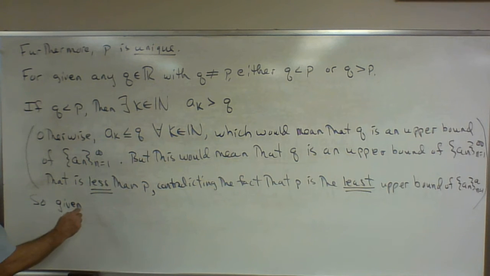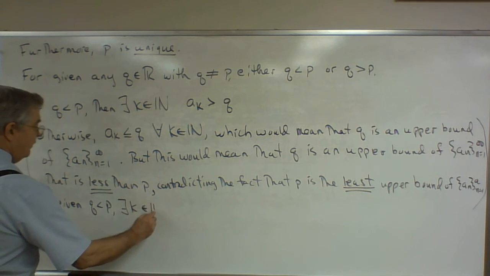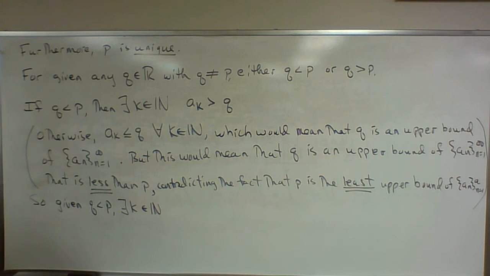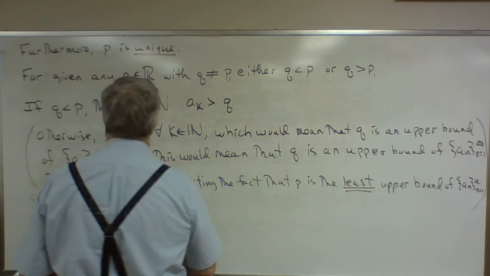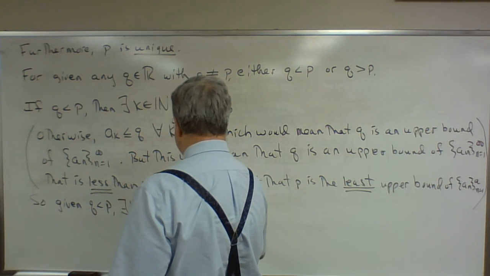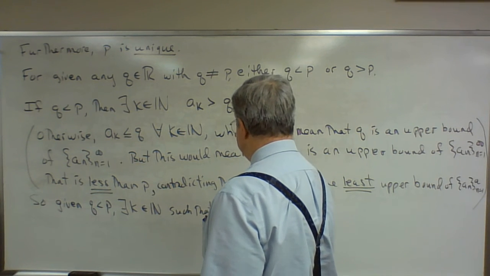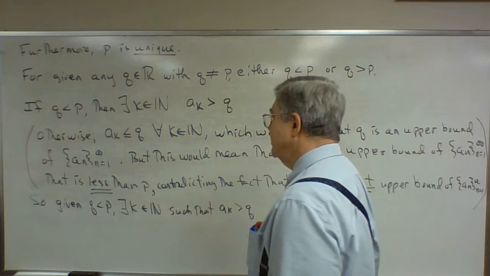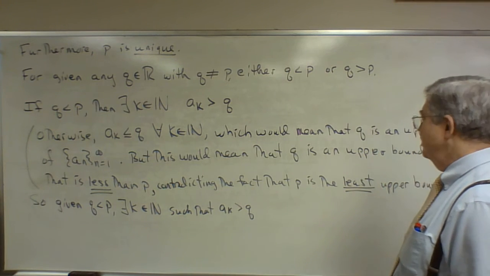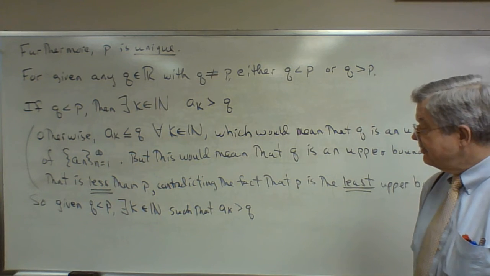So what have we shown? Given Q less than P, there exists a natural number K such that A sub k is greater than Q. Yeah, okay, so what? Oh, I know what.